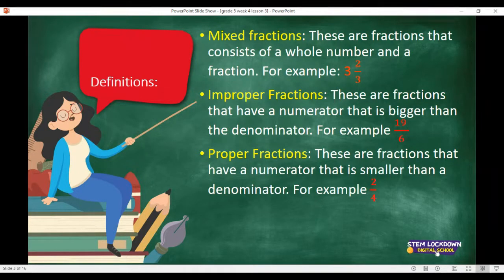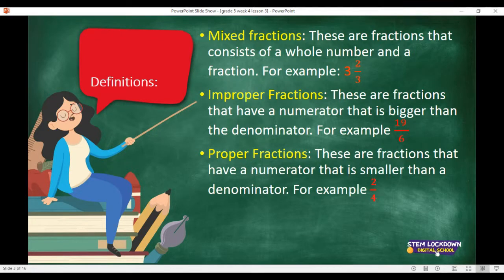Okay, let's look at the definitions of these fractions. So we have 3 different types of fractions that you have to know. And all these fall under the umbrella term or the category of common fractions. So we have mixed fractions. And what is a mixed fraction, you will ask? A mixed fraction is a fraction that consists of a whole number and a fraction. A whole number is a full number, and a fraction is a part of a whole number.